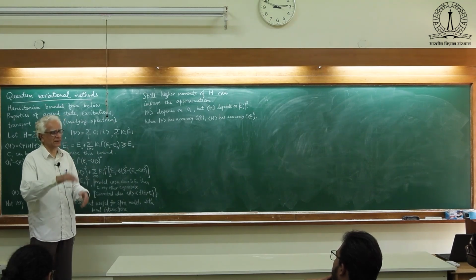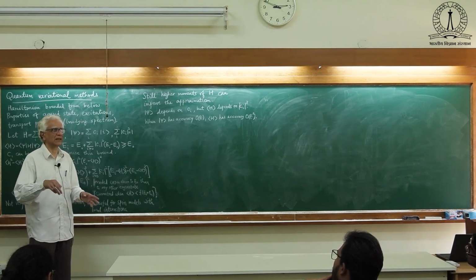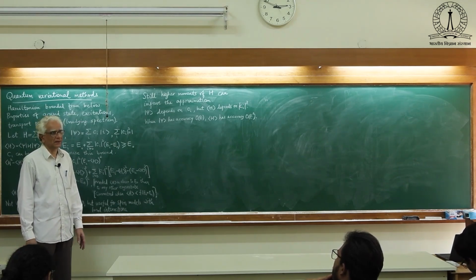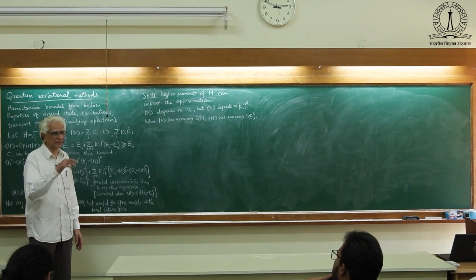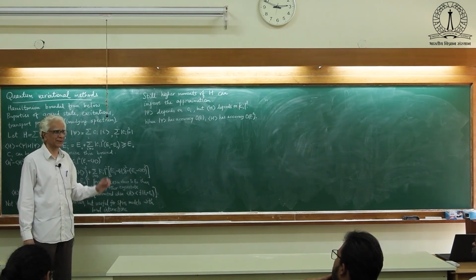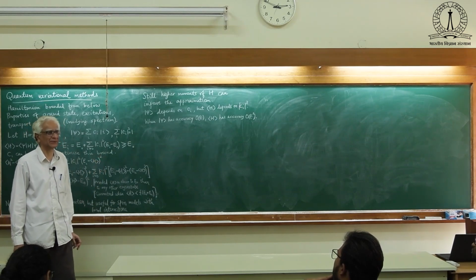So I just write a wave function as e raised to minus alpha r square, the Gaussian, and just calculate the energy and minimize the whole thing as a function of alpha, you will be surprised how accurately you will produce the ground state energy.